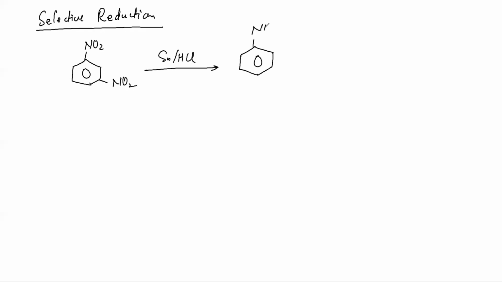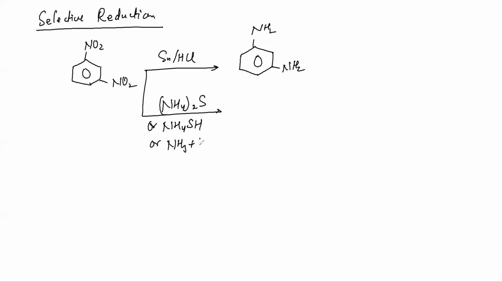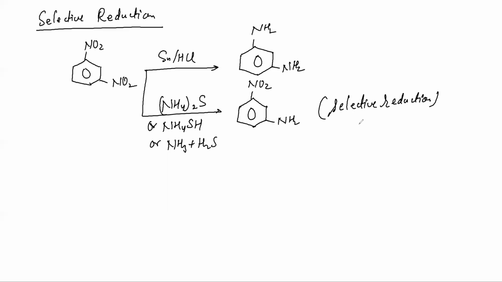NO2 will convert into NH2. So this is not selective. Selective means selectively reducing only one. For that case, we use (NH4)2S or NH4SH or NH3 plus H2S. All mean the same. So here, one of the NO2 will be reduced to NH2 like this. So this is your selective reduction. Please note this.